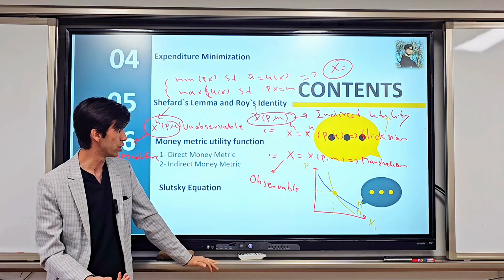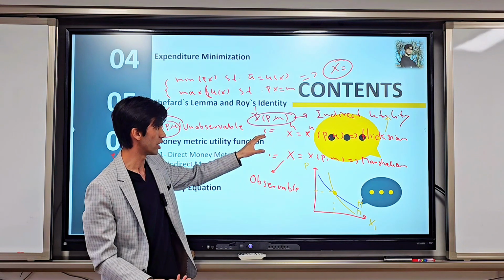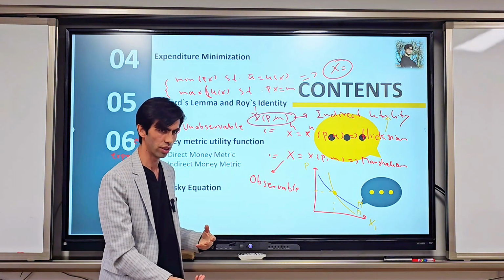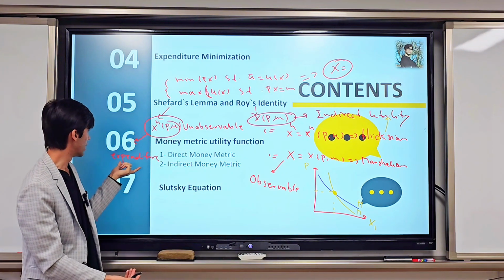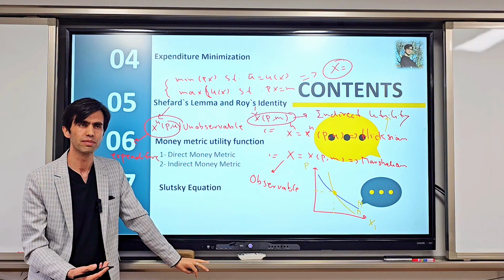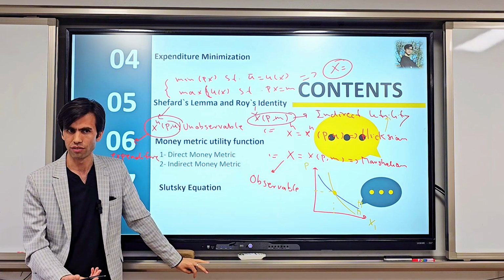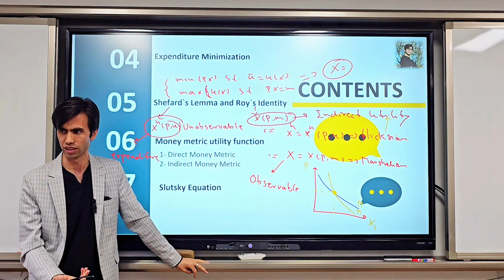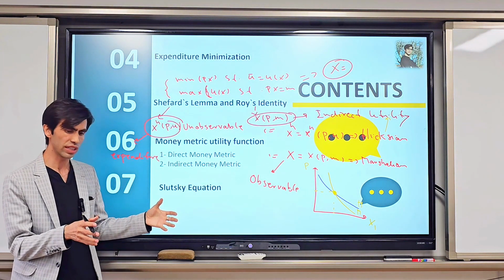By using Roy's identity, we can find the demand from the utility function. By using Shephard's lemma, we can find the conditional demand function of inputs from our cost minimization function. So they are very closely related.